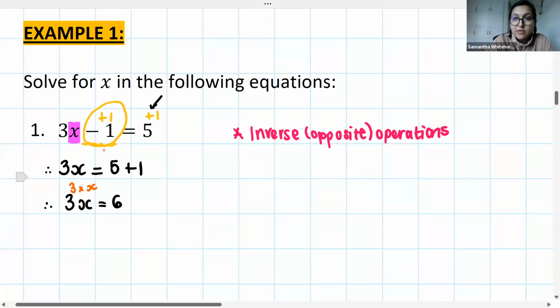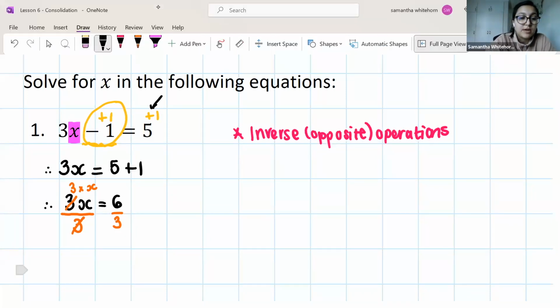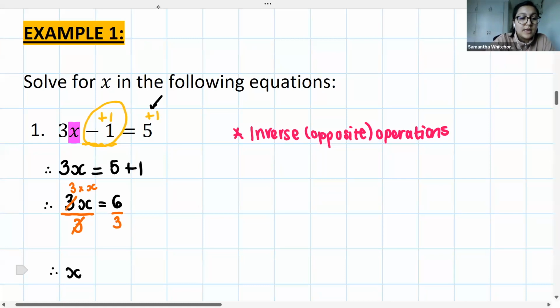So back to our inverse or opposite operations, we have to do the opposite. That means I need to divide by 3. 3 divided by 3 is 1, which gets us that x by itself. But remember, whatever you do to one side of your equation, you have to do to the other side. So we also need to divide the right-hand side, 6, by 3. And so what we end up with is that x is equal to positive.